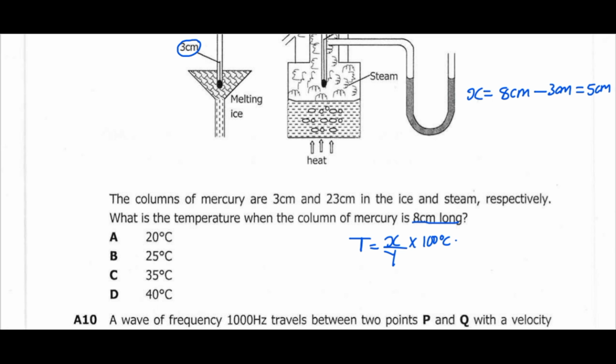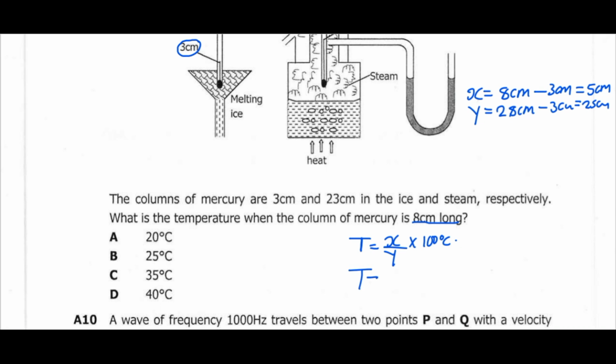So this is our X. Then Y is just the difference between the length when the thermometer was placed in steam and the melting ice. So this one is 28 centimeters minus 3 centimeters. So this will give us 25 centimeters.